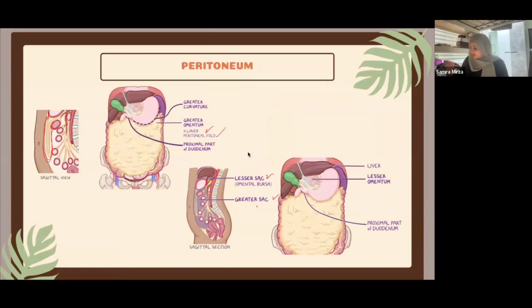If this is our falciform ligament for the liver, and this is a covering around it, the peritoneum. The falciform ligament used to have the umbilical vein coming through it as well, but then the umbilical vein degenerated and it left a little rounded structure here, and this is called the round ligament, or ligamentum teres. So again, we have the falciform ligament for the liver, then you have the round ligament or teres ligament.